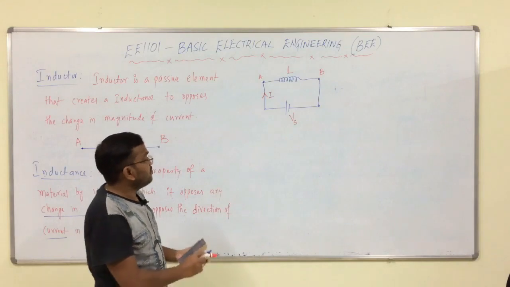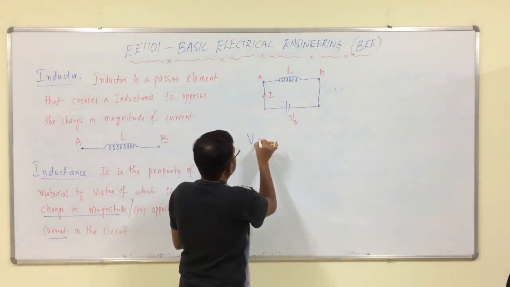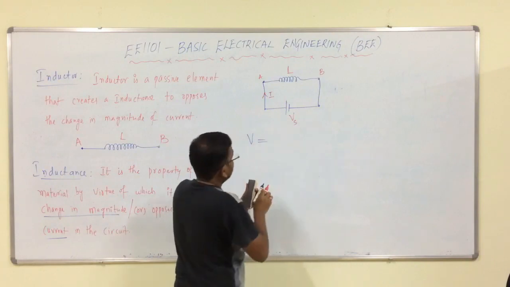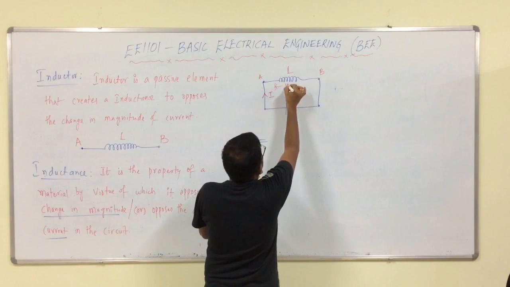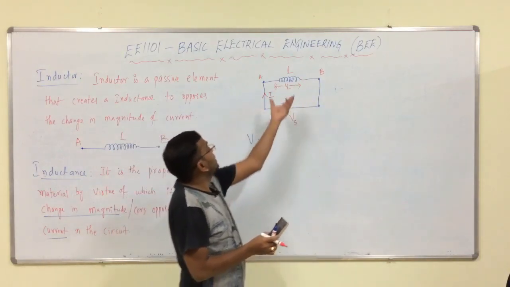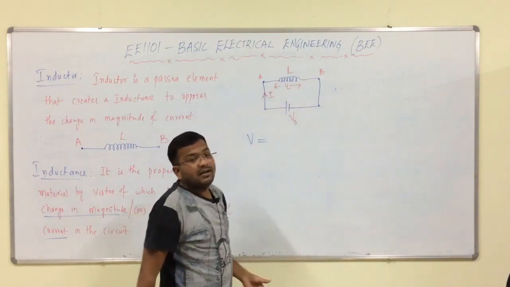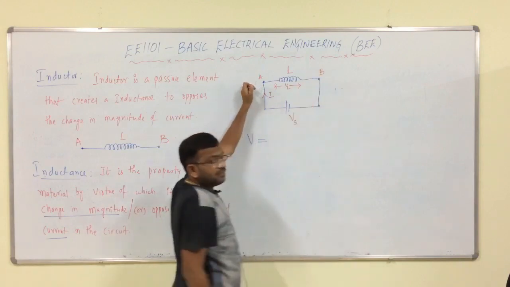Clear? Between these two points we get VL. The voltage across this inductor is nothing but VL.